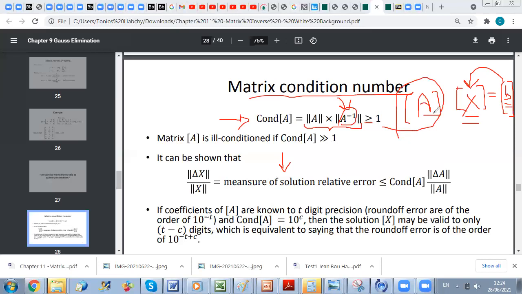How? We can demonstrate mathematically that the measure of solution relative error, so when you do solution for X, okay, this solution error will be smaller or equal.